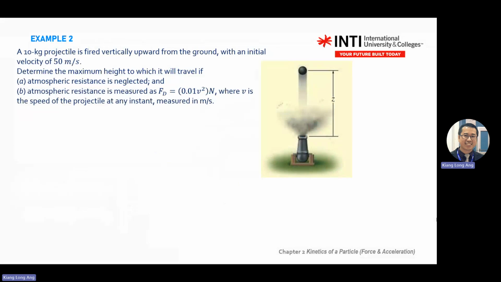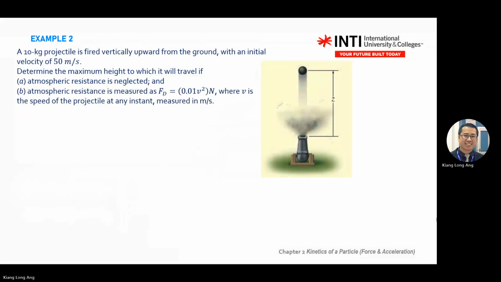So there's no N in your free body diagram. Determine the maximum height. First scenario, you ignore the friction from the air resistance. Second one, you're given the friction force, which is 0.1 V squared Newton.